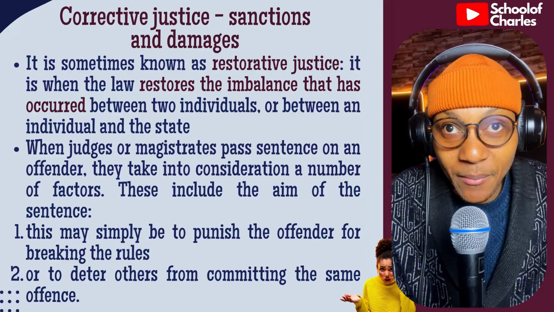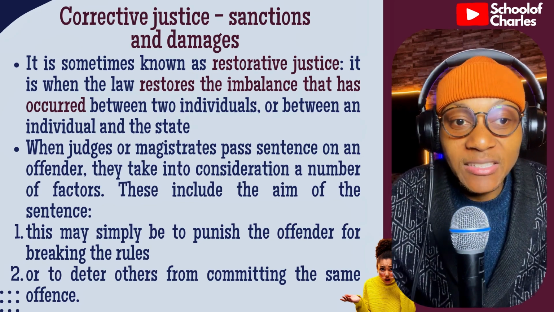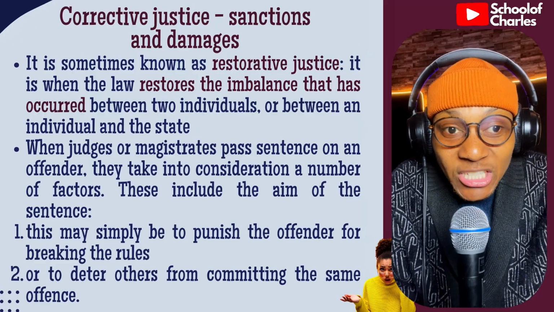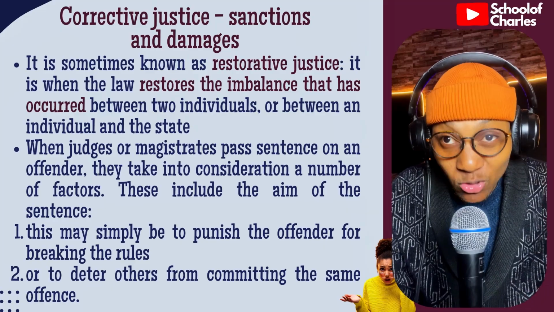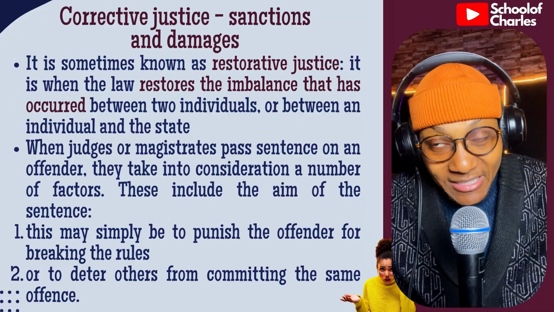We call those damages. So we're looking at corrective justice, and we're also going to be dealing with sanctions and damages, right? So corrective justice is also known as restorative justice. This is when the law restores the imbalance that has occurred between two individuals or between an individual and the state.